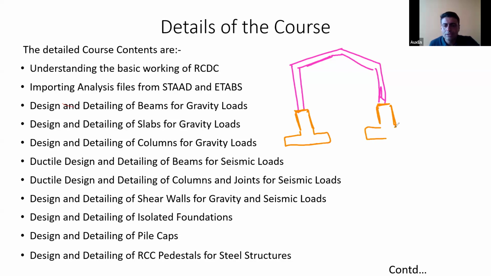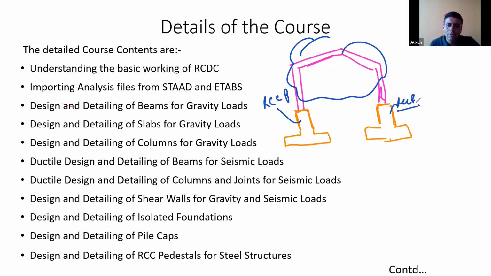So RCDC has this capability that it is able to identify, even for a steel structure, that this will be your RCC pedestal, and it is able to do the analysis, design and detailing of RCC pedestals also. So we will include this discussion in our course, where we will do the RCC pedestals for steel structures. So this is also what we will be doing.